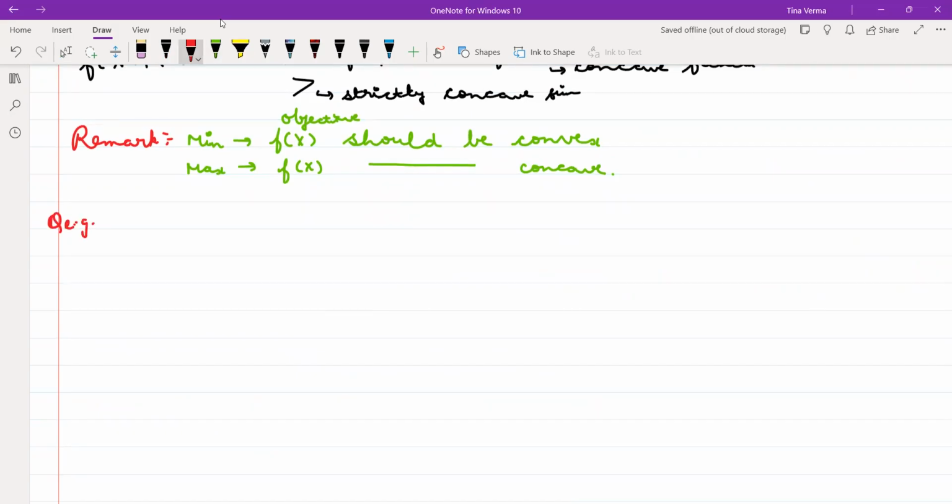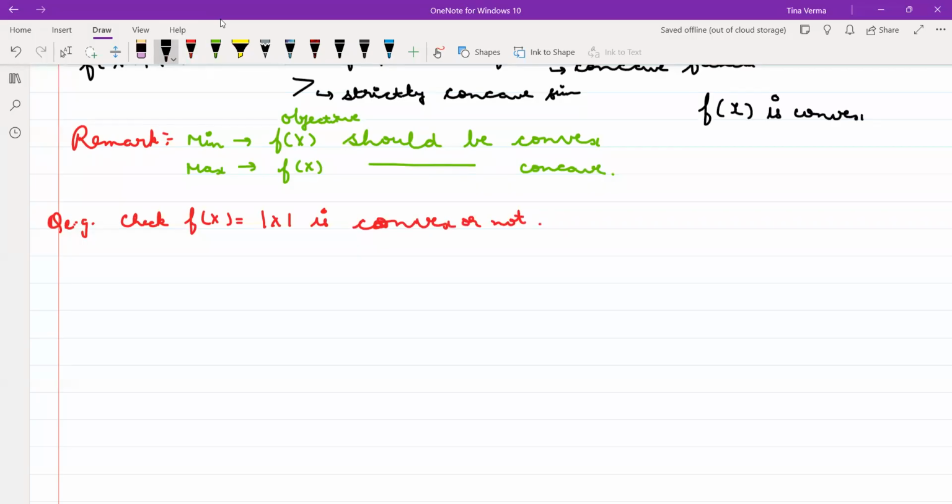You can consider the example: check whether mod of x is convex or not. One thing you can also note here: if f(x) is convex, then minus f(x) will be concave, and obviously if f(x) is concave, then minus f(x) will be convex.